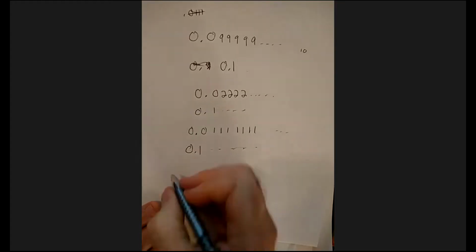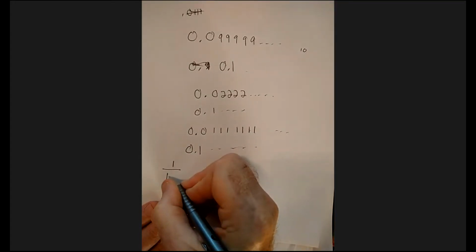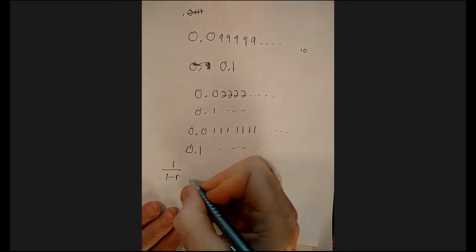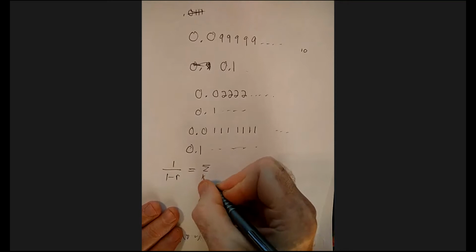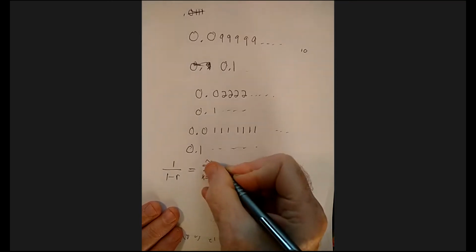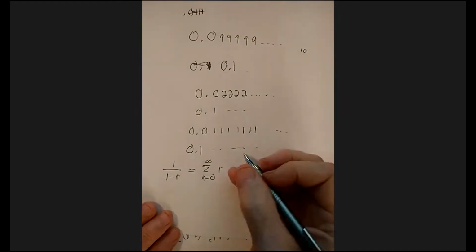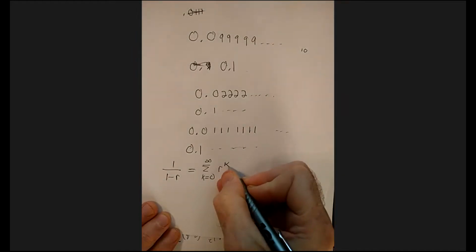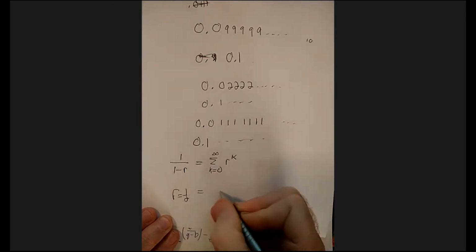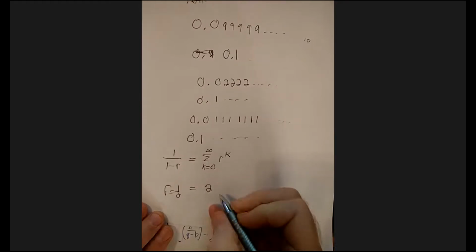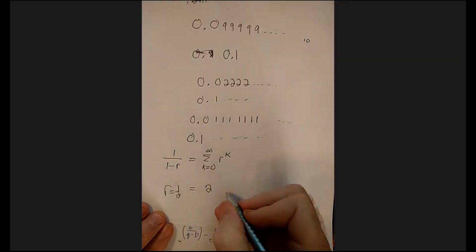And one way to see that, I saw that some people did this. Remember, Math 70 is a prereq, or now Math 100. So we know that that's true. So if R is equal to 1/2, you plug this in and you get 2. But remember, we have to subtract.